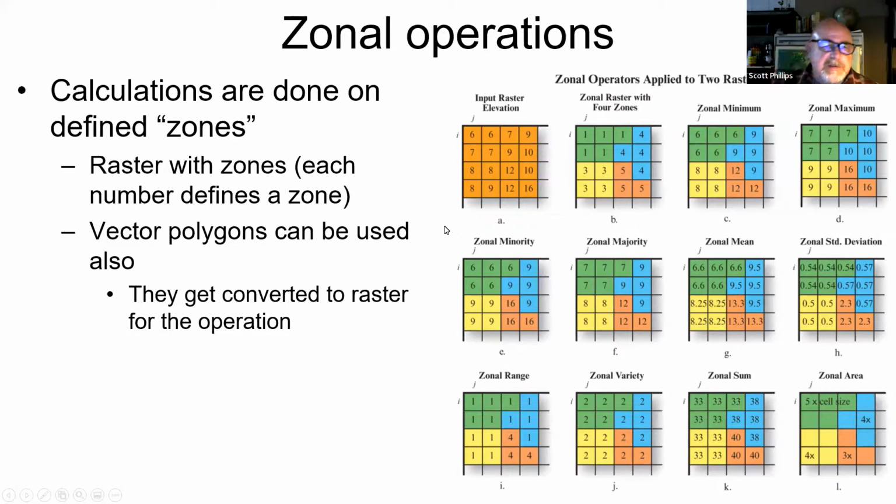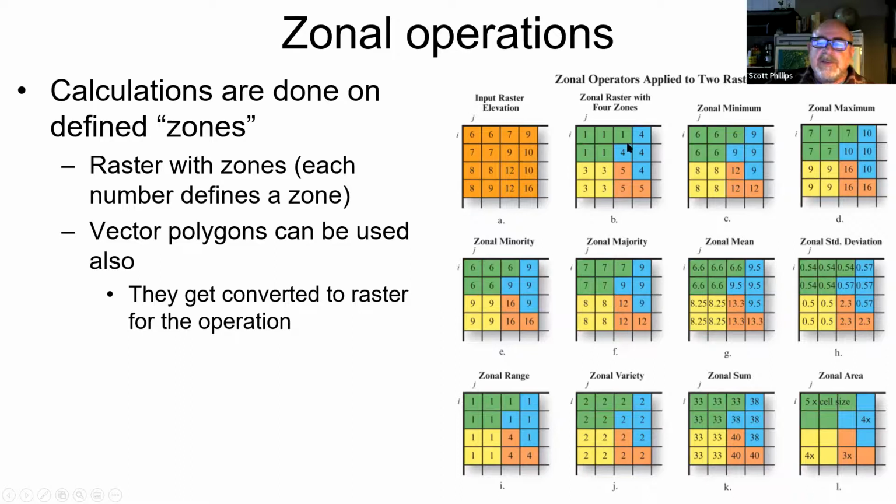Zonal operations. Calculations are applied to a zone. The zones can be raster, or the zones can be polygon areas. So let's take a moment to consider this. We have rasters that represent zones, or it could be a vector file that then gets rasterized.